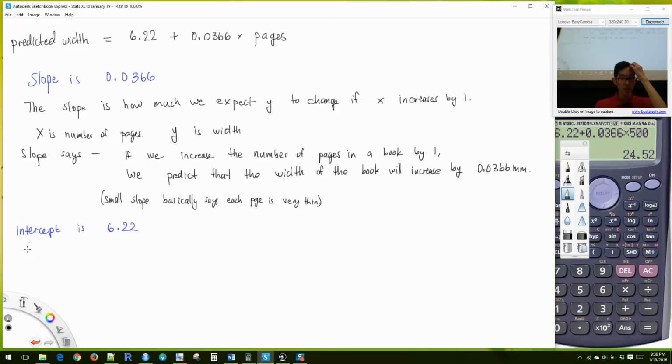The intercept is our prediction for y if x is 0. Sometimes it does not make sense to have x equal to 0, and in those cases, the interpretation of the intercept won't make sense. But sometimes it makes sense to have an x equal to 0.